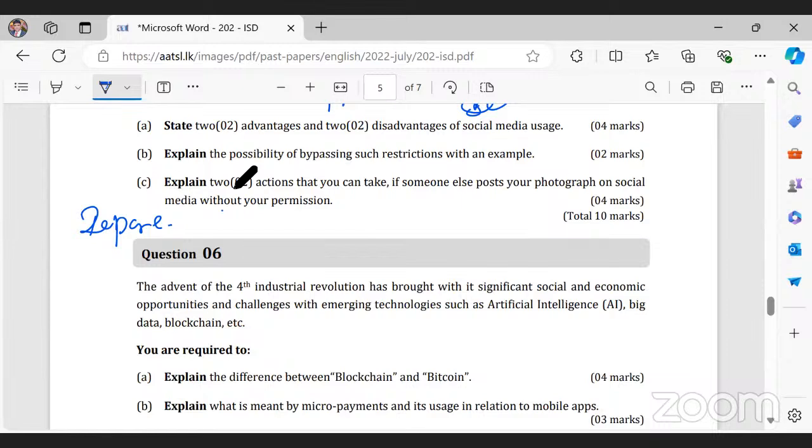If those are virtual currencies, then definitely these are stored in a certain ledger, right? That is a ledger.